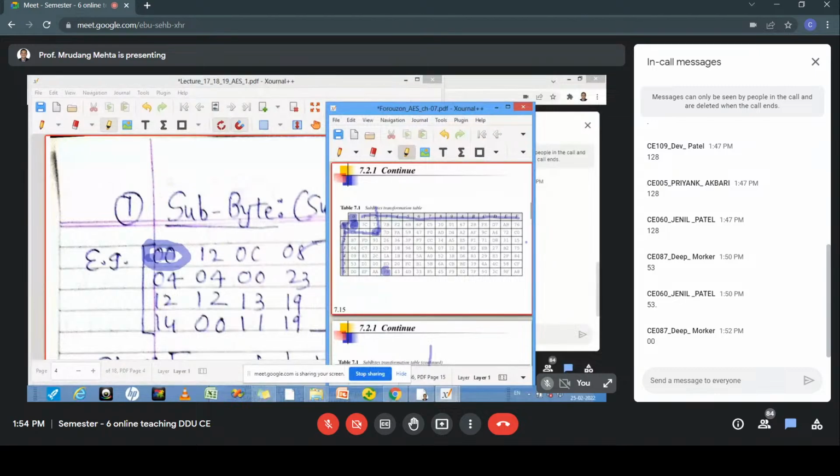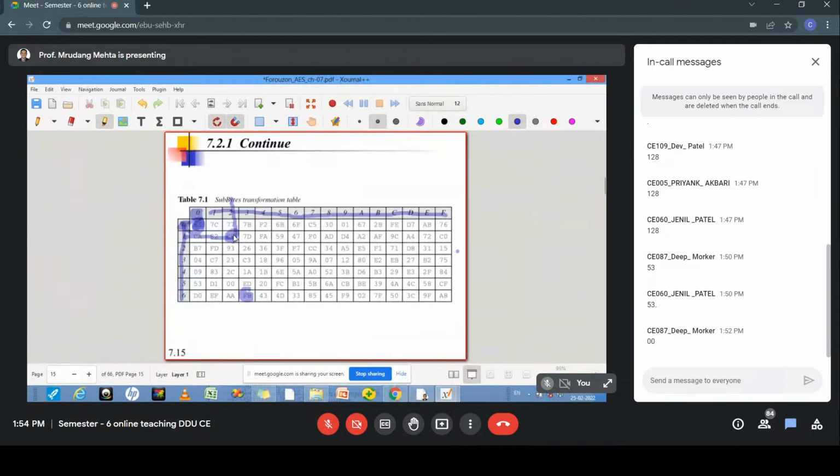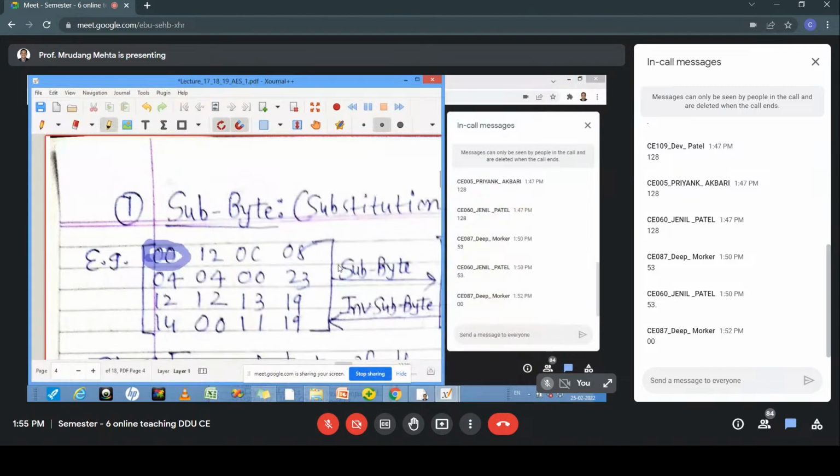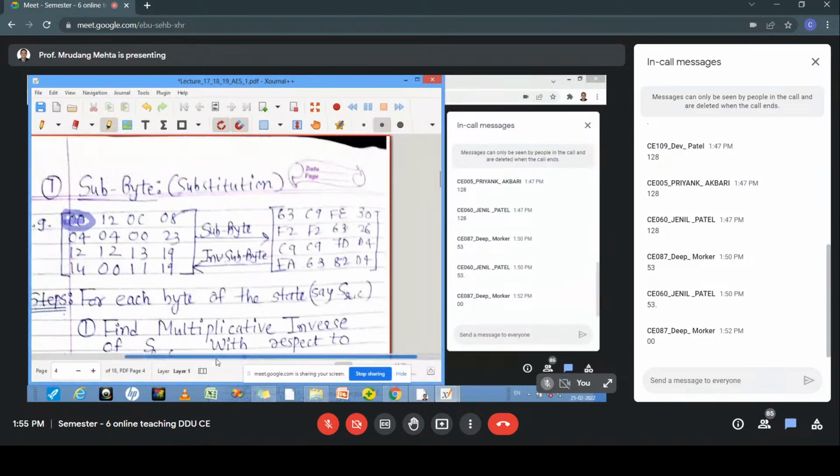This value is C9, so here we substitute with C9. Have you understood this? This way all values are substituted. Is that understood? All of you have understood this? Please respond.